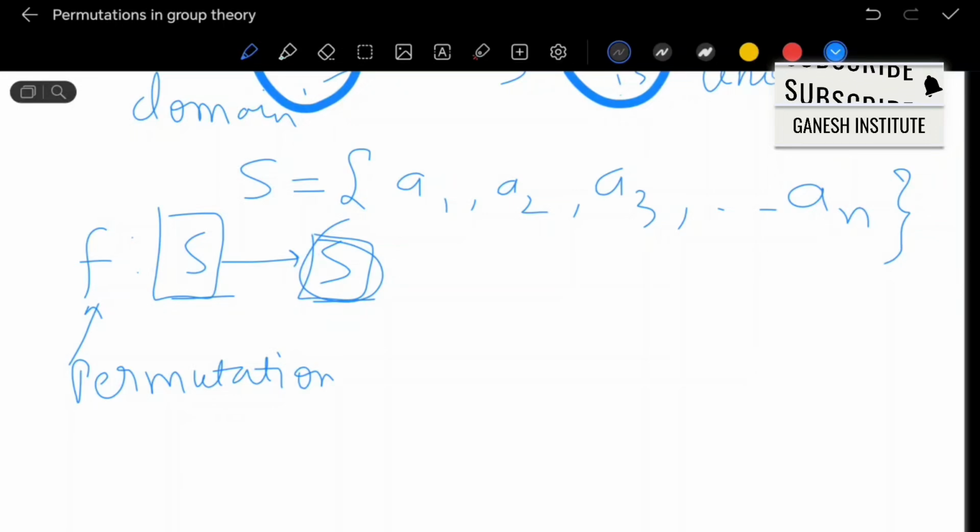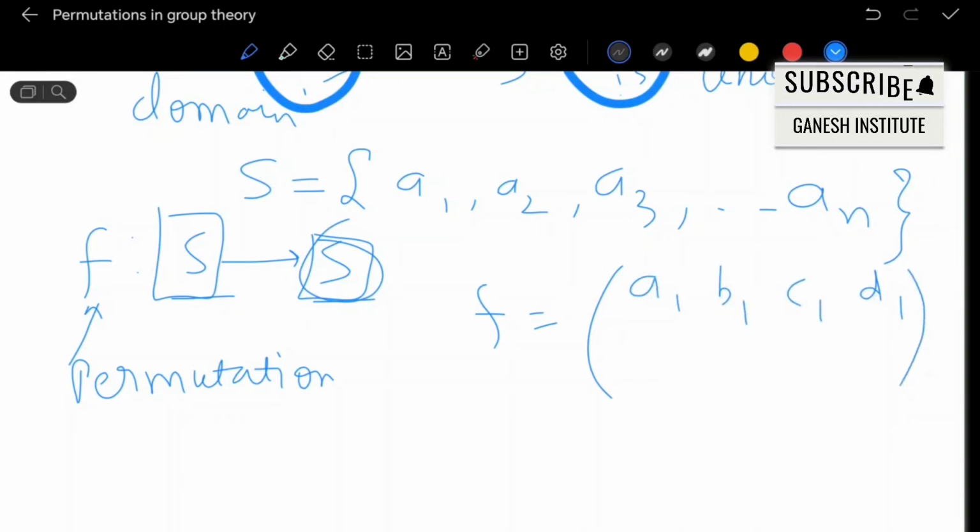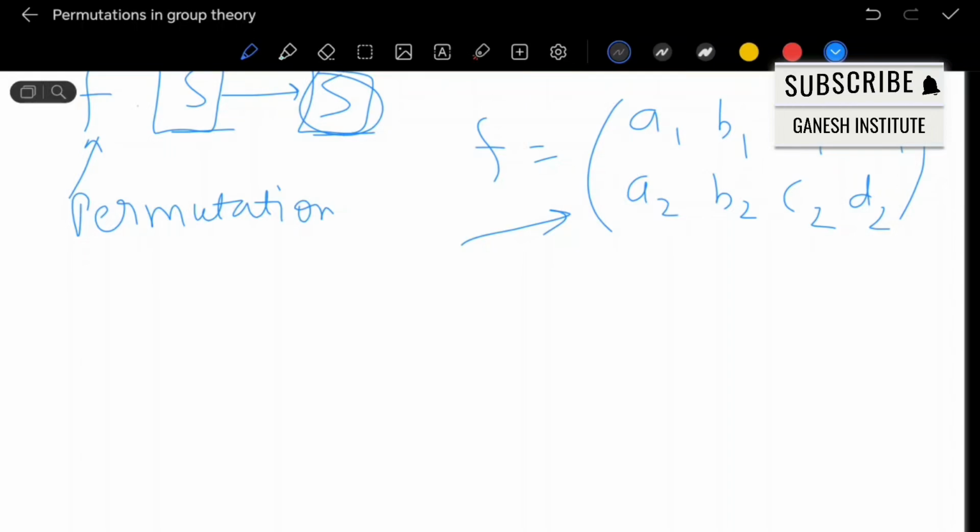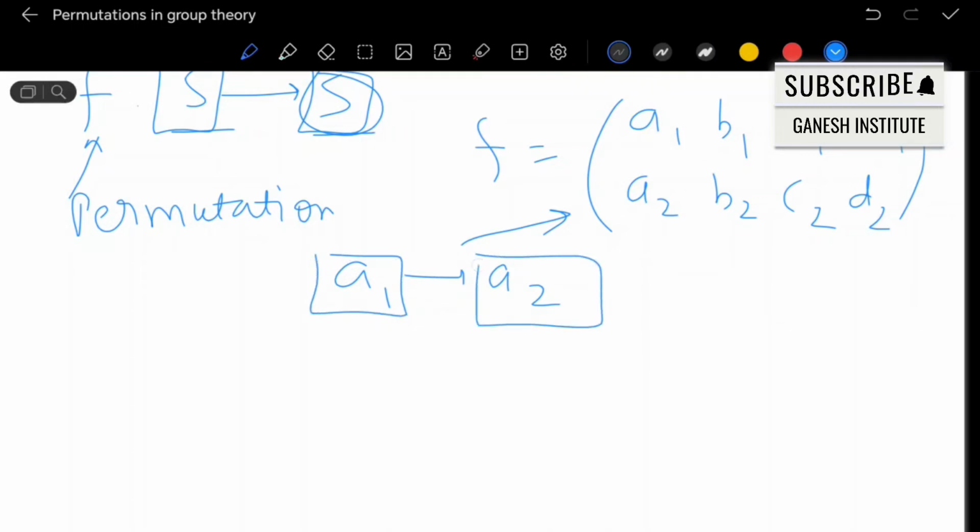Let's say I'm having any function, any sort of permutation. I have A1, B1, C1, D1. Here I'm having A2, B2, C2, D2. This is how we write or show a permutation. Now, what does it mean? A1 is mapped with A2. This is the pre-image and this is the image.